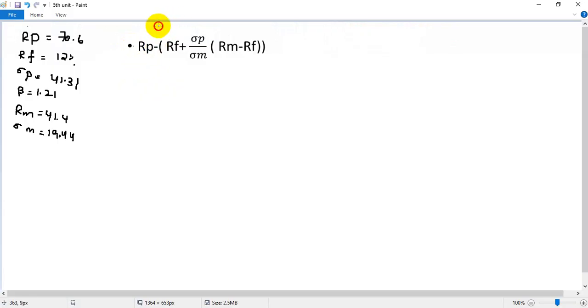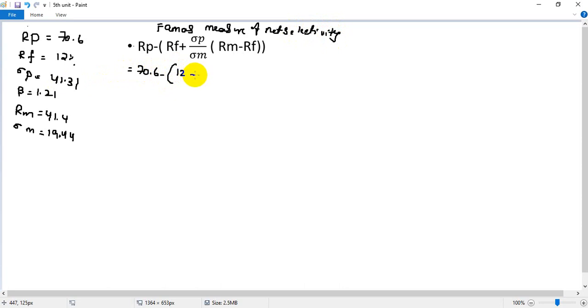This is nothing but Fama's measure of net selectivity. So RP is how much? 70.6 minus, open the bracket, RF is 12%.